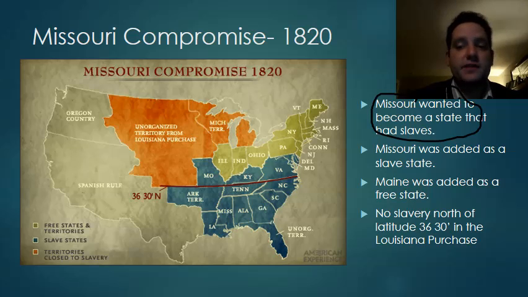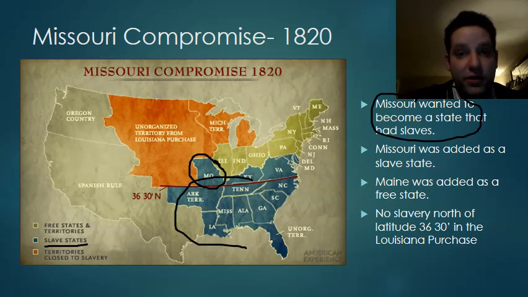Not a free state, excuse me, a slave state. So the compromise, they did. Missouri's right here. And you also notice slave states are in blue. So Missouri is a slave state, and all of these in the South are slave states.